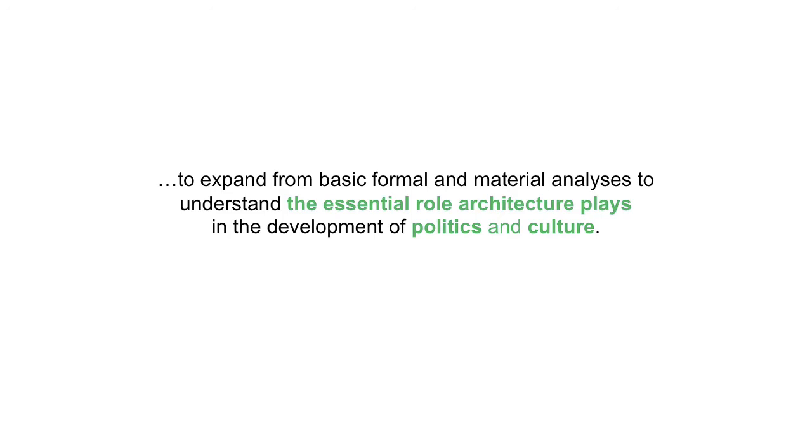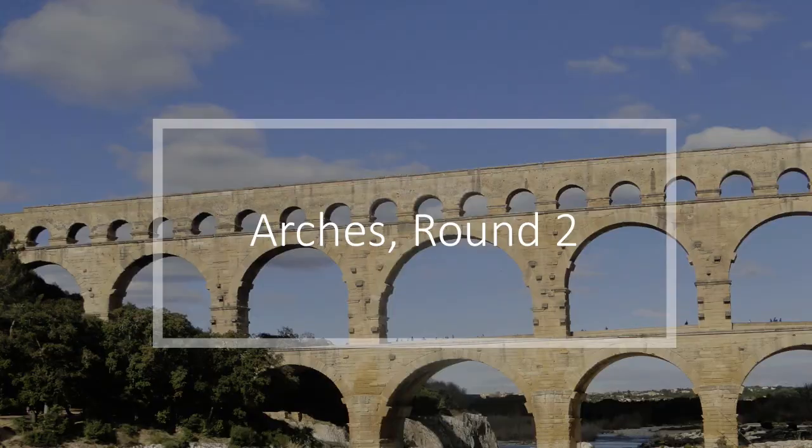Overall, we are driving to expand from basic formal and material analyses to understand the essential role that architecture plays in the development of politics and culture. To get there, let's begin with arches round 2.